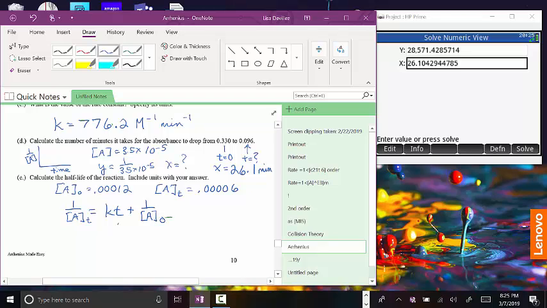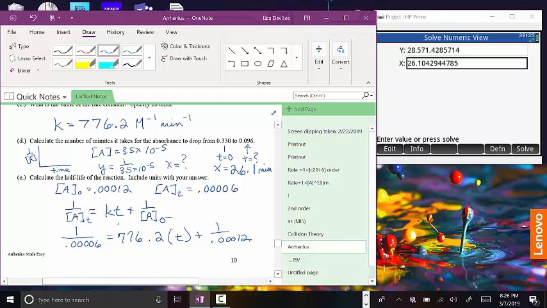All right, so remember my equation for second order is kt plus 1 over A naught. All right, and so 1 over 0.00006 is equal to 776.2 times t plus 1 over 0.00012.